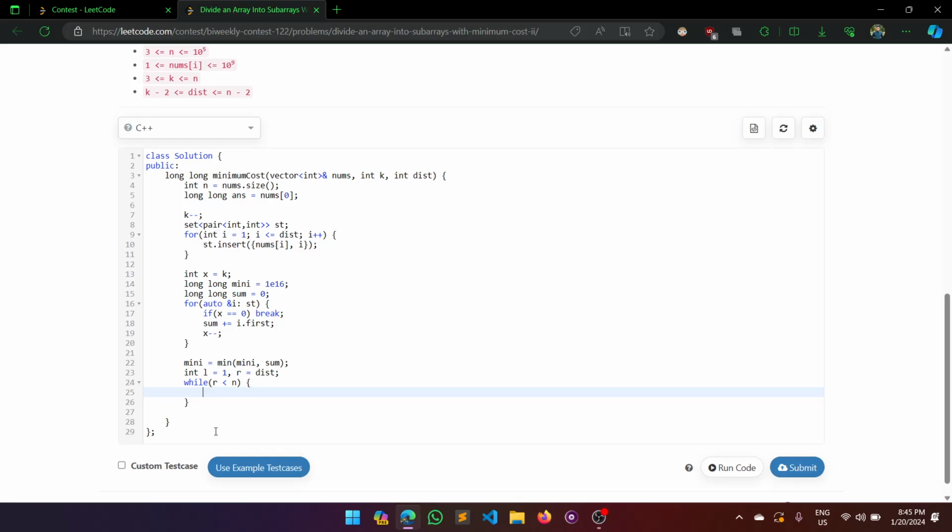Okay, while r is less than n, now what we want to do is remove l and include r, right? We want to exclude l, and when we exclude l we will have to determine if it was a part of the sum or not, and for that I think we'll have to maintain a pair.